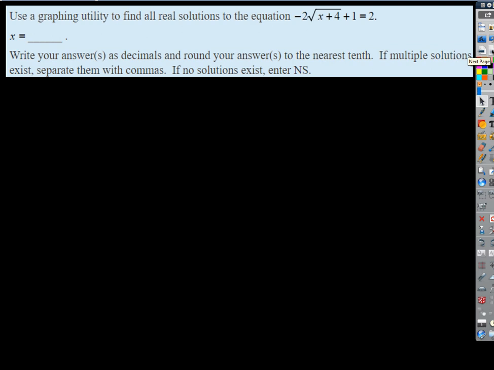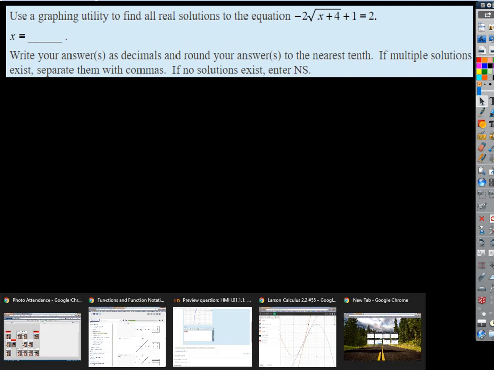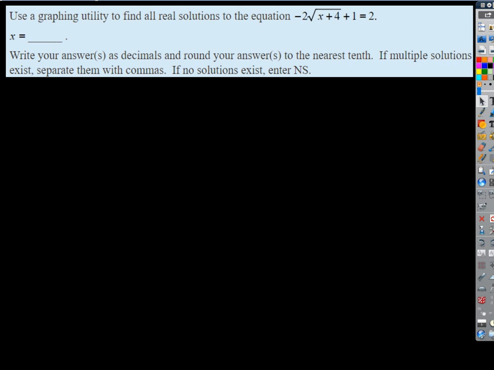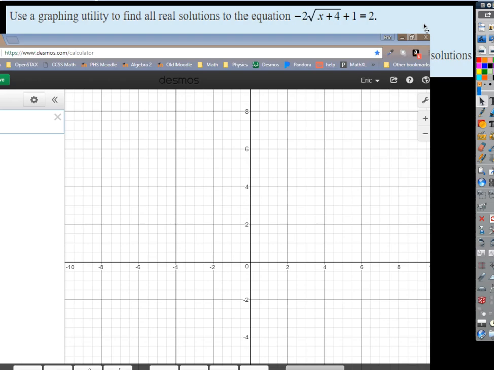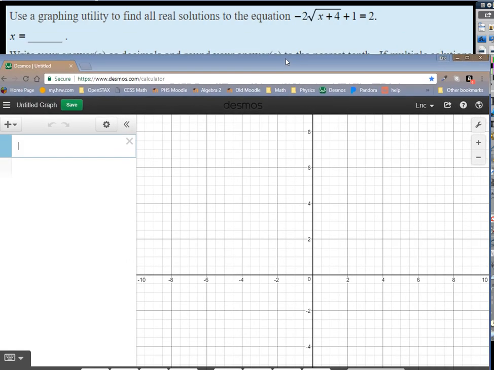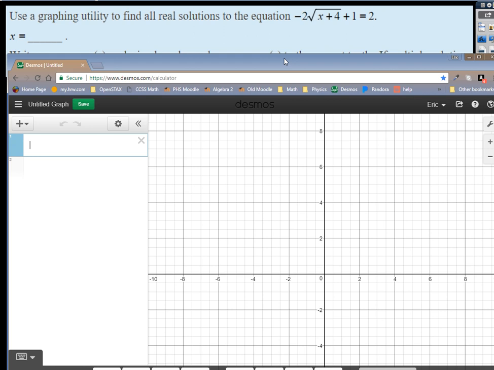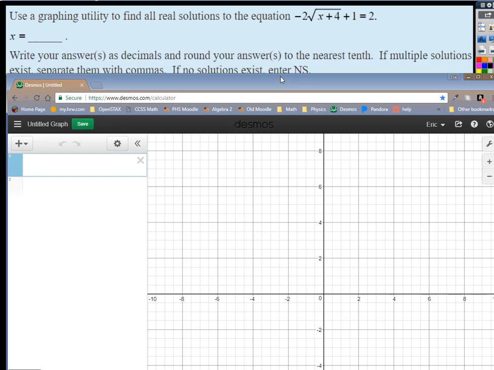So if we want to find all the real solutions of this function, let's go to Desmos. No, let's pull up a new one. Okay, think about what we're doing here, right?